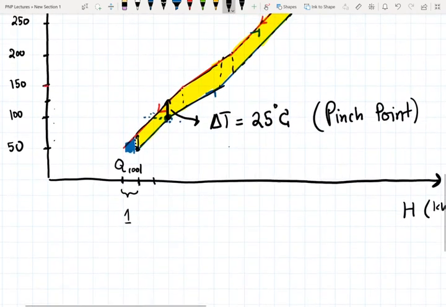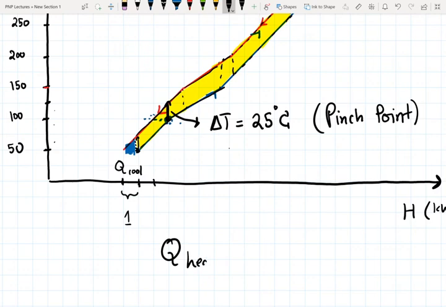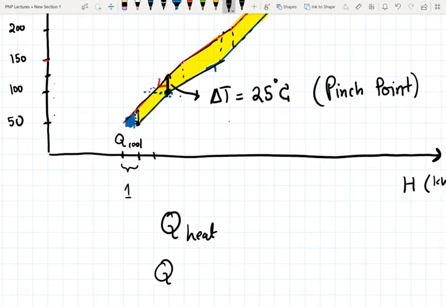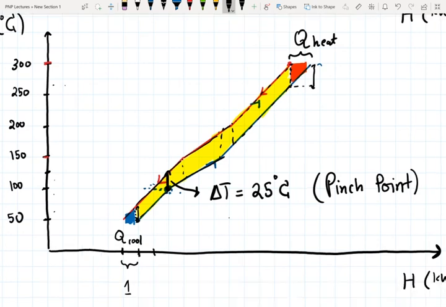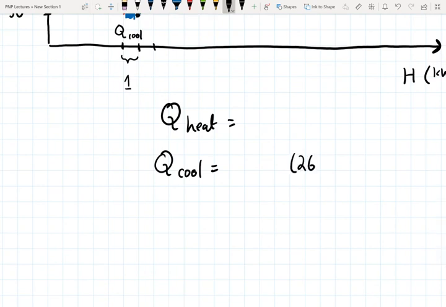All right, so let me just quickly find what our heating and cooling requirements were for this case. Our Q heat was equal to our temperature difference, going from roughly 265 to 300, so 300 minus 265, and the heat capacity was 1.